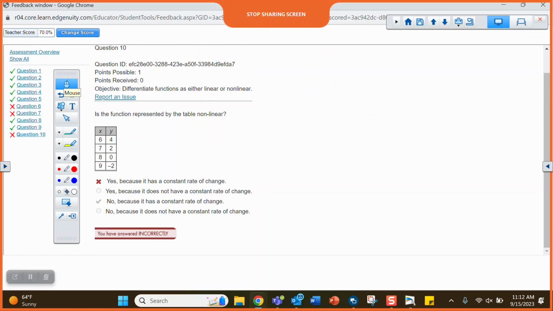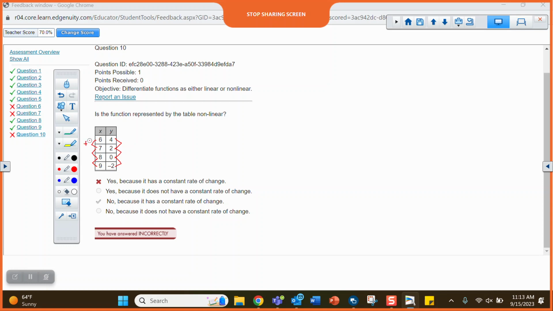Question 10, is the function represented by the table nonlinear? So is it nonlinear? So what we're looking for is a constant rate of change. So that means that as the x's increase and as the y's increase, are they increasing by the same value?